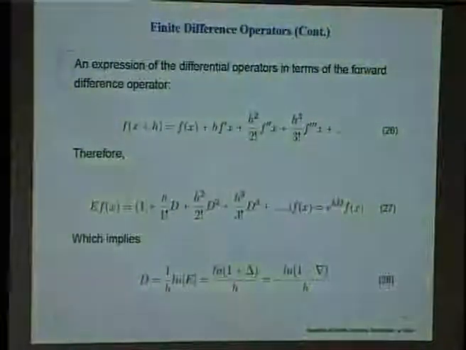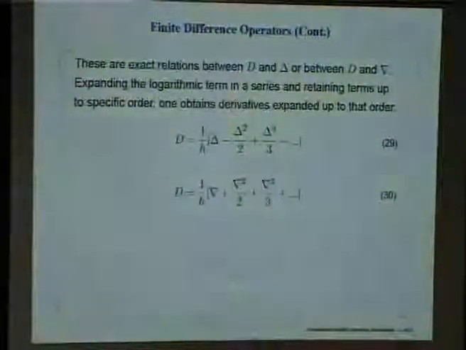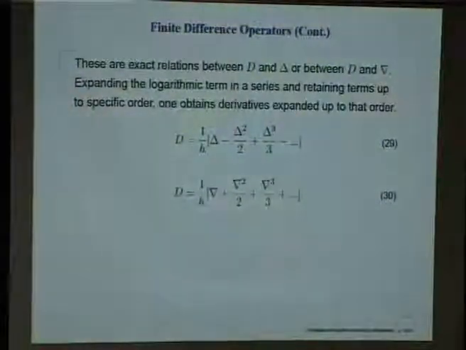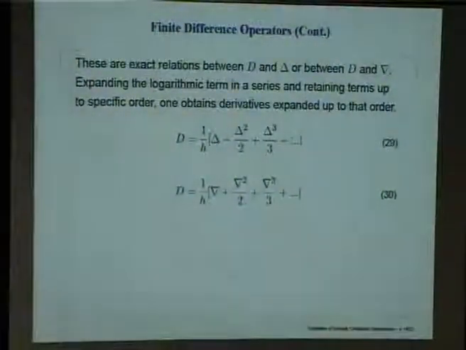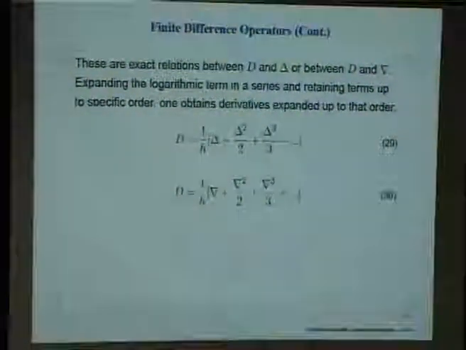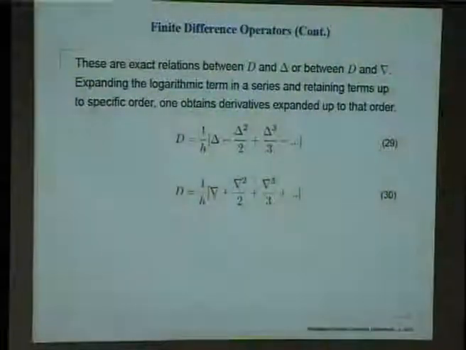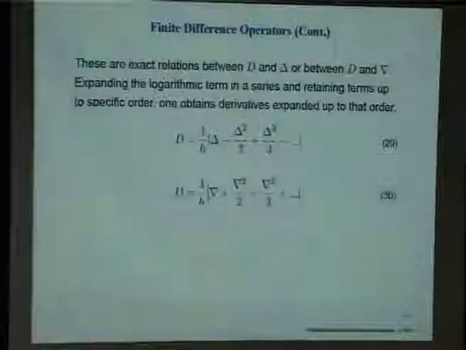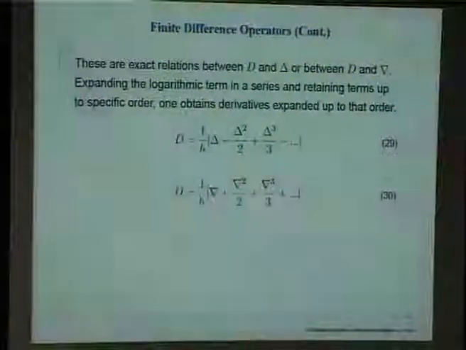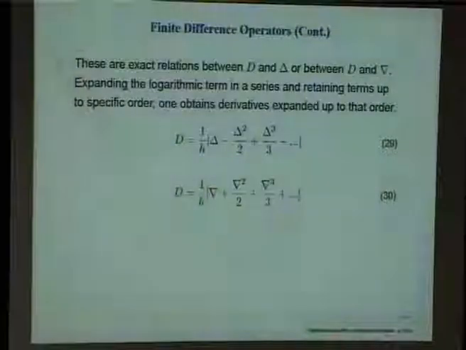And since you can write out the expression for ln of 1 plus delta, you can actually get this. So, this is a much neater way of obtaining the derivatives either in terms of forward or backward operator, provided you know what this delta is. And if you know what delta is, you can actually derive formulas of higher and higher accuracy by including more and more terms, right.